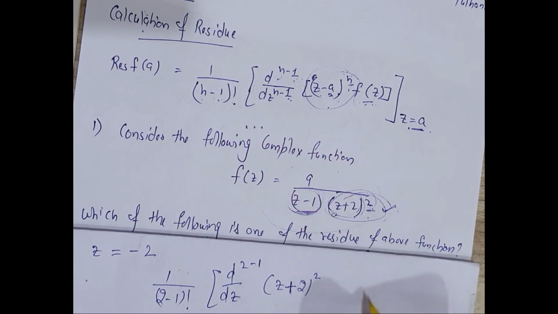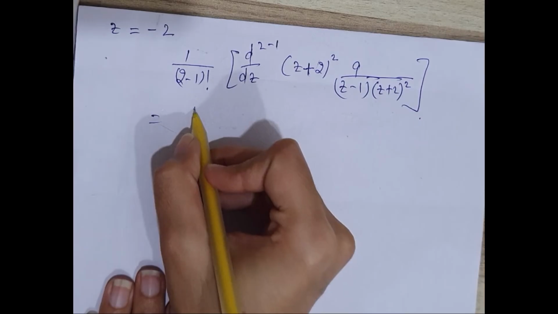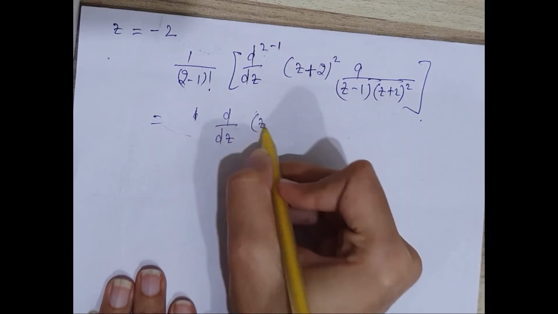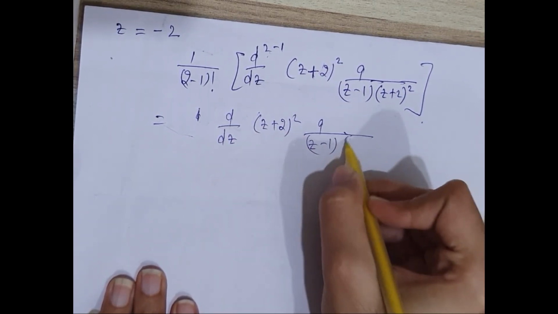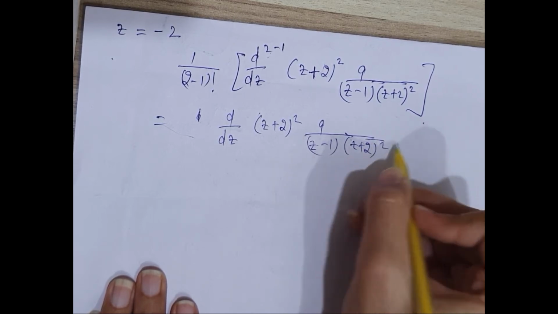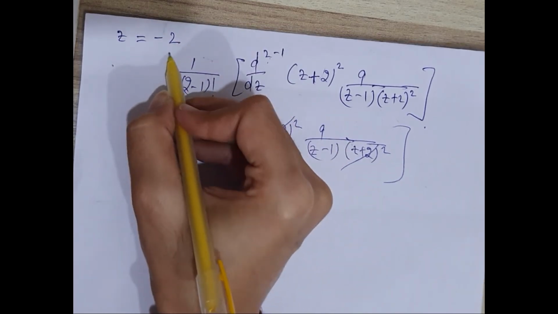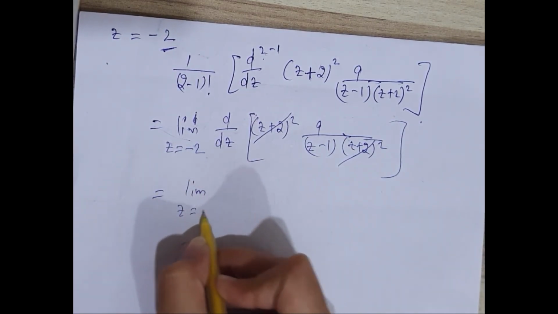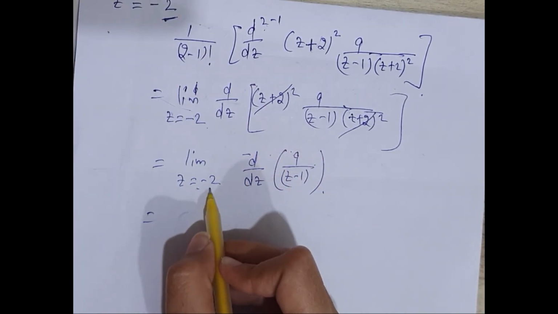This whole function is f(z). Now this is 1 factorial, differentiation with respect to z, (z plus 2) square. Now the limit is z equal to minus 2, because we are finding the residue at minus 2. Firstly differentiate it and then put the limit.